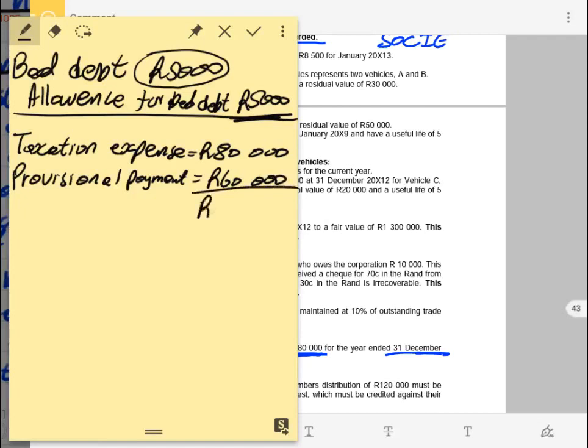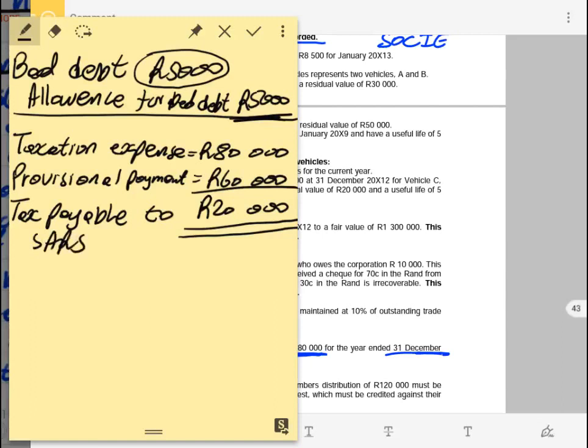Therefore 20,000 rands is the difference. And obviously the difference will be tax payable to SARS, or you can say tax due to SARS, because whatever is due is the same as payable. So this will be tax payable to SARS, because we owe SARS 20,000 rands according to our books.